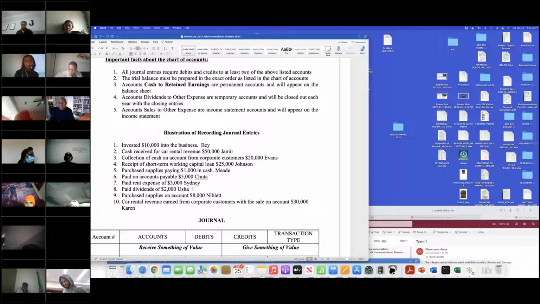So take 15 minutes, make sure you work your journal entry. If you have a problem, you can ask someone else how to work it. We're trying to get through all of them, but I don't want to gloss over it. Everything else will proceed automatically, kind of, if you can make the journal entry. So take 15 minutes.